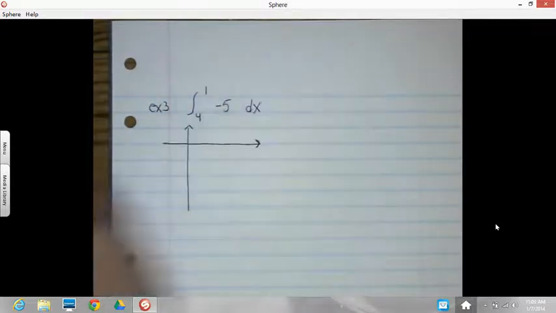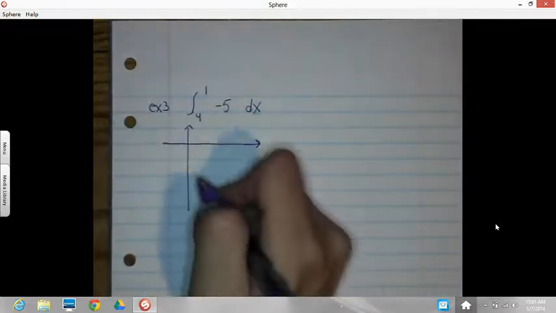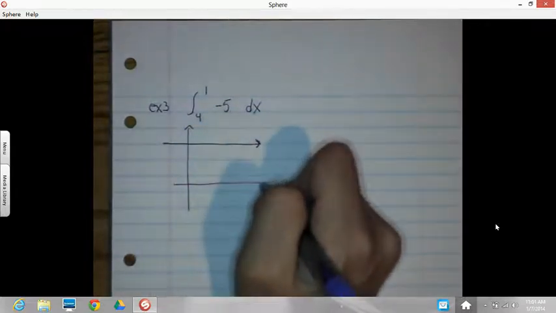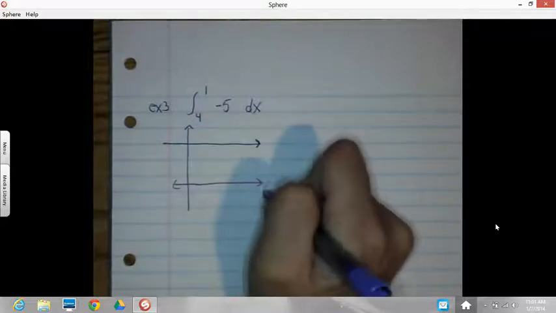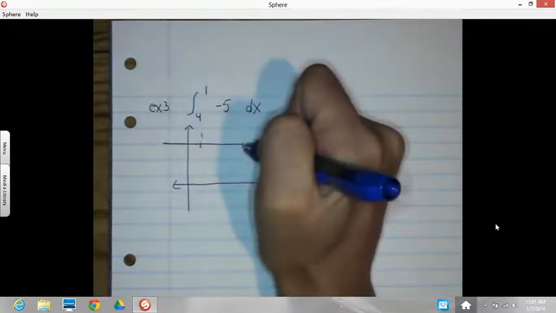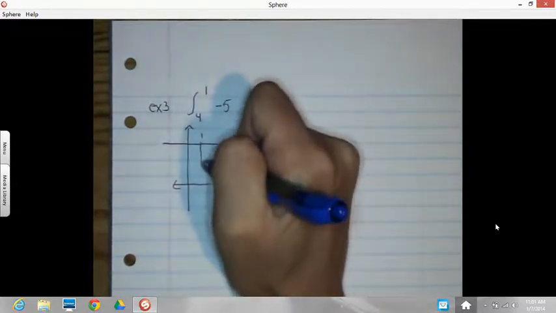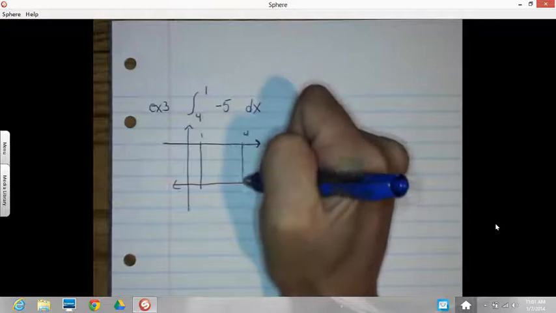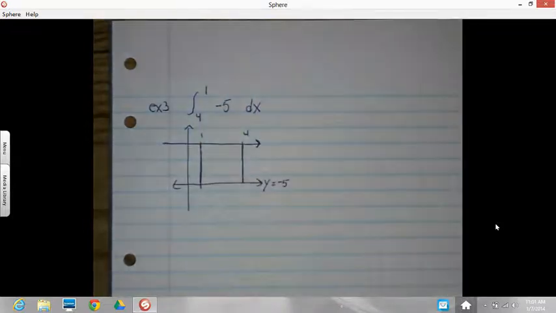So if I go down at negative 5, I've got a horizontal line. I'm evaluating from 4 to 1, 1 to 4. It's just a nice rectangular region here. But should our answer be coming up positive or negative when we calculate this? Well, let's think about it.